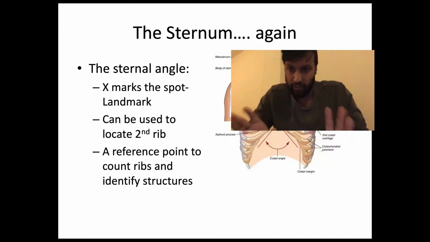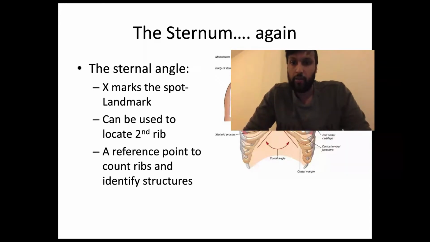For now, just believe that there's this bump, and I'll show it all to you. But just imagine we all find the bump. Right next to that bump, every single person has the second costal cartilage. Male, female, it doesn't matter who you are, you're going to feel the second costal cartilage without fail.